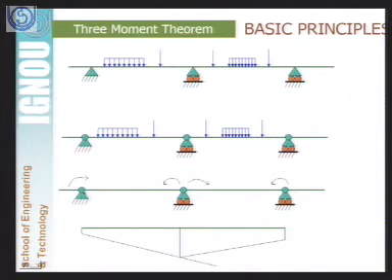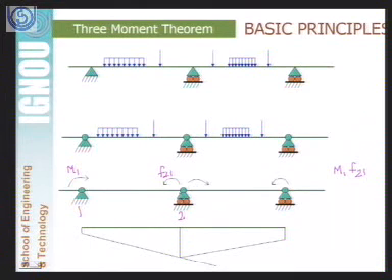If this is node 1 and this is node 2, F21 will be the rotation at node 2 because of a unit moment given at node 1. If the moment here is m1, the actual rotation because of this m1 will be equal to m1 multiplied by F21.